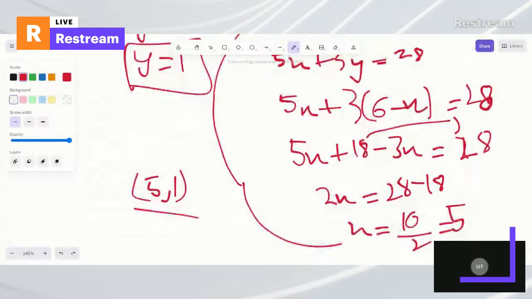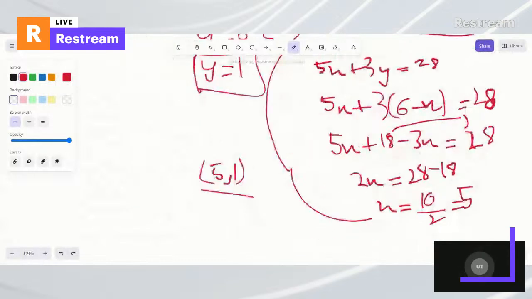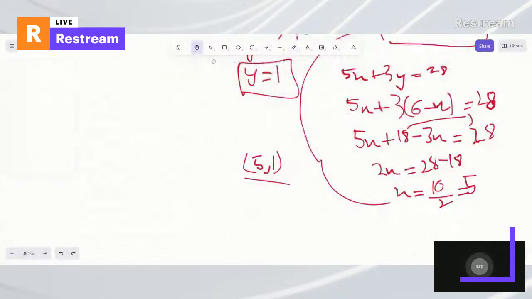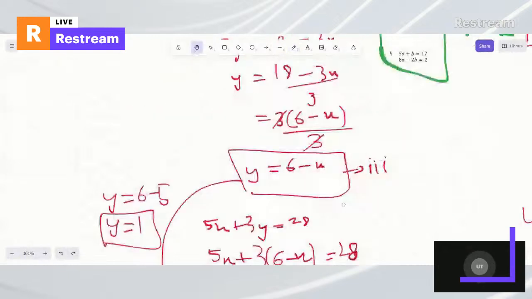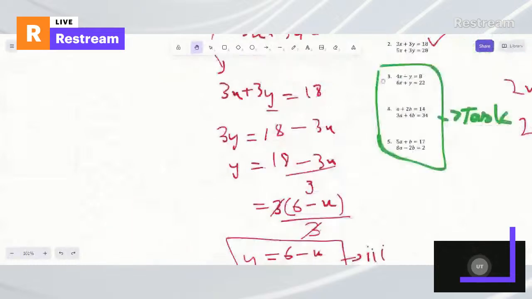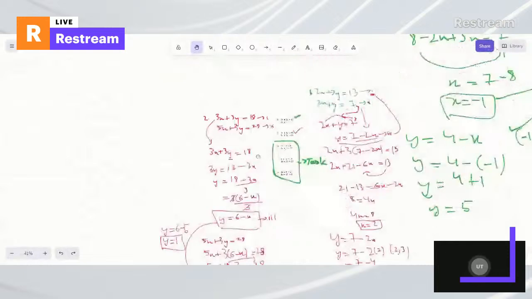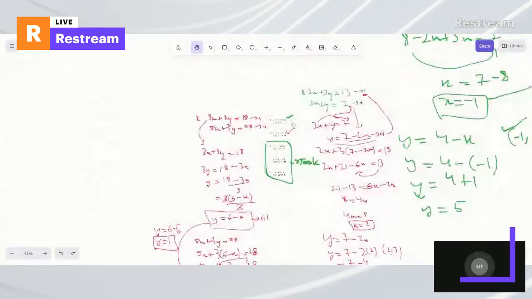All right, so this was another example which I just showed you. Tomorrow, I'm going to tell you how to solve very quickly. We're going to go through the elimination process, to solve simultaneous equations using elimination as well as using graphs. And then we're going to move to the other topic, which is functions and graphs.